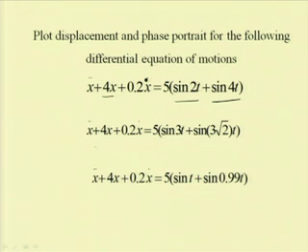In the second example, it is subjected to frequencies of 3 and 3 root 2, and in the third example to frequencies of 1 and 0.99. So, in the first case one expects to have two periodic responses, one corresponding to omega equal to 2 and the other corresponding to omega equal to 4.